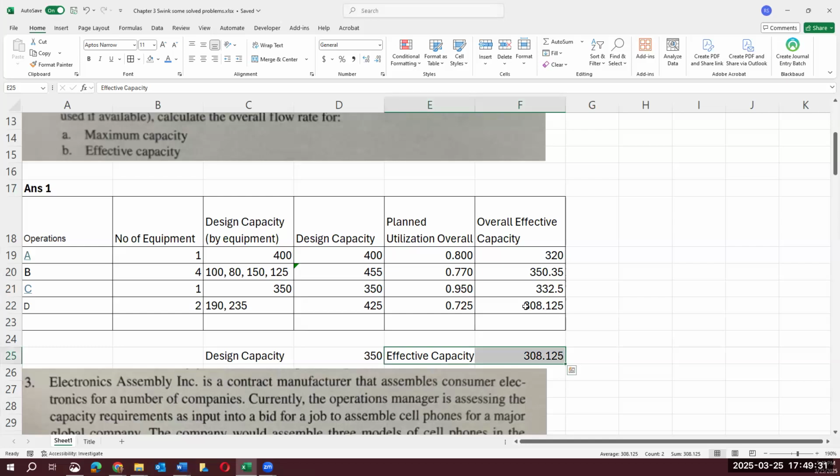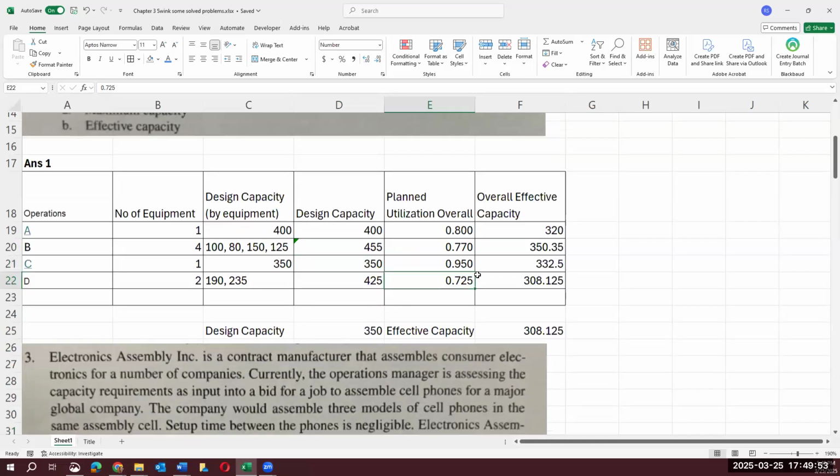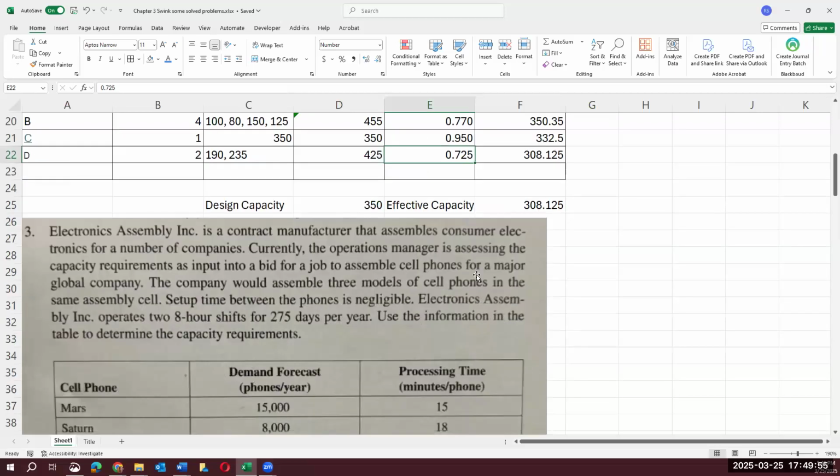So really, in this example, in design capacity, C dictates how much that can flow through. And in the effective capacity, really is the D, which is dictating how much can flow through the system, because C has a very high planned utilization, but D has lower planned utilization, and that is why that is the one that is affecting. All right, let's move on to number 2.